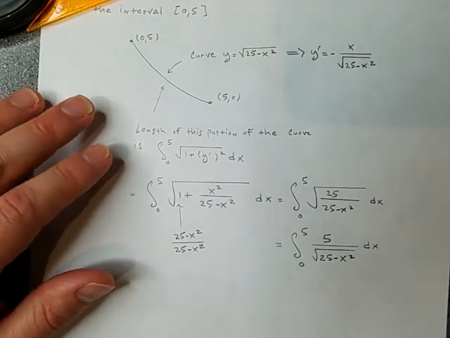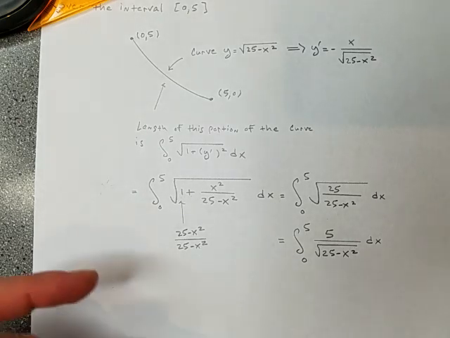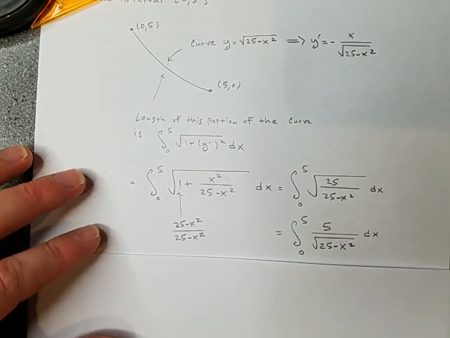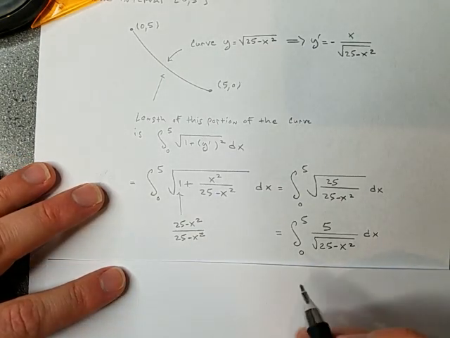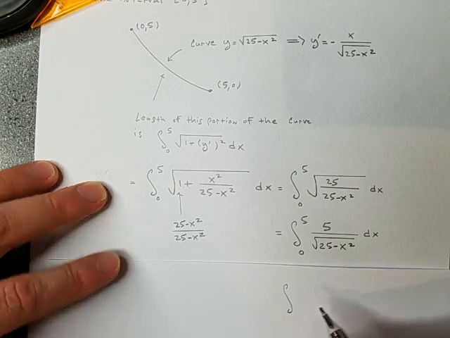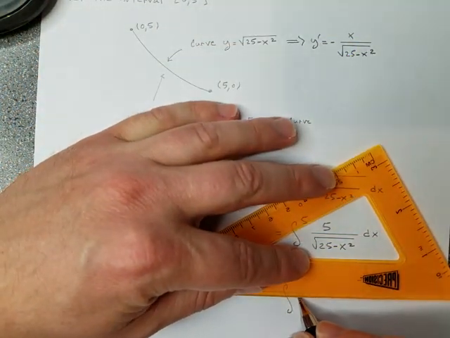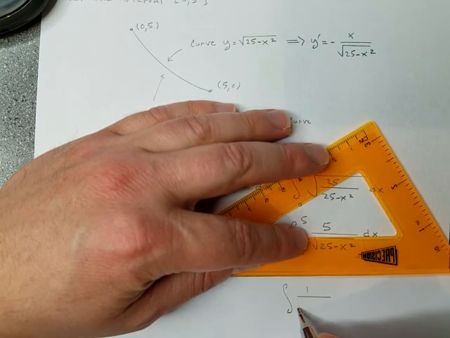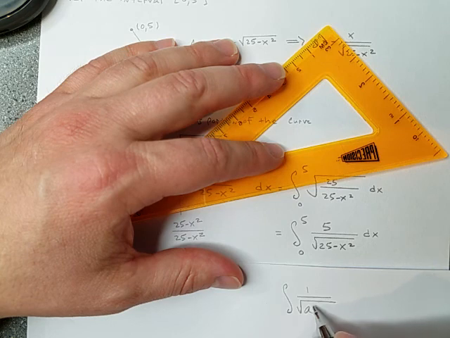Now, when we get here, this is something that you could do by trig substitution. But it's fine with me at this point, since hopefully we learned the trig substitution and practiced it, that I could give you some formulas. Remember, I made this video over tables of integrals, where we can look up the answers to some common forms of integration.